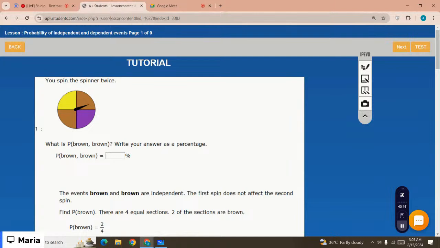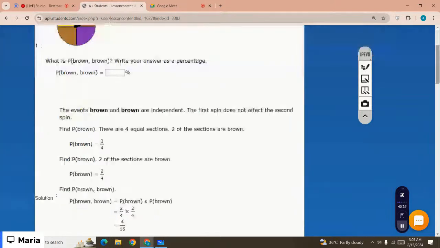You have two sections that are brown, and the total is four. So the probability of brown for the first time is 2 by 4, and the probability of brown for the second time is also 2 by 4 because the events are independent.